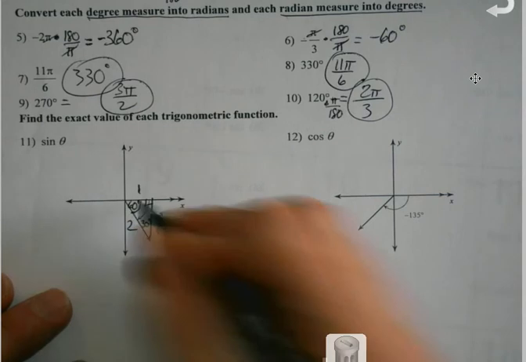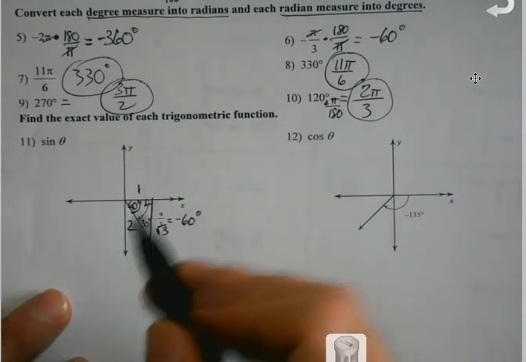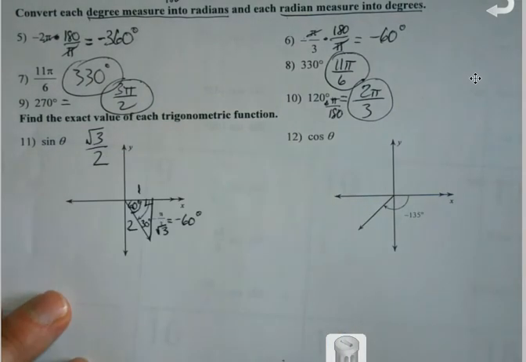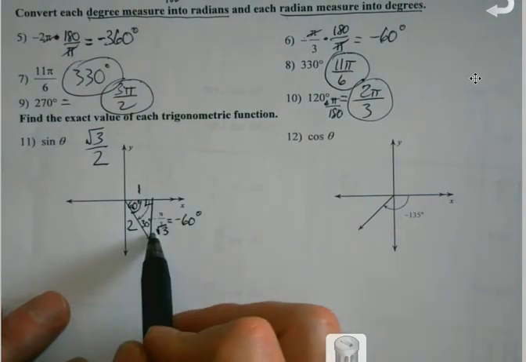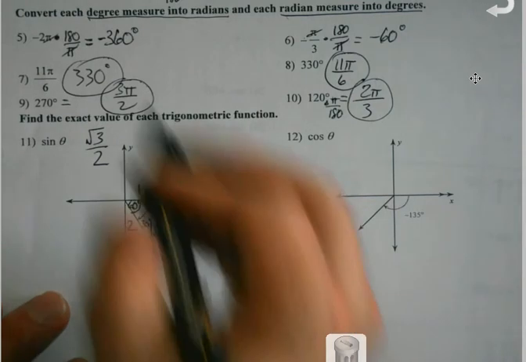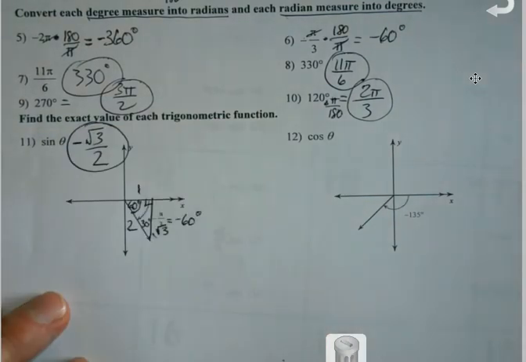If this is my reference angle, opposite over hypotenuse, but I'm in quadrant 4. I don't think sine's positive in quadrant 4. Nope, it's cosine. So I'd put a negative in front of it because I know that part.